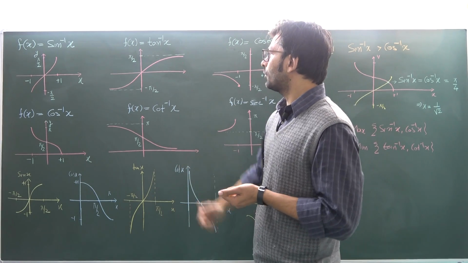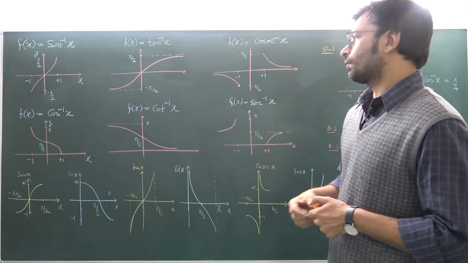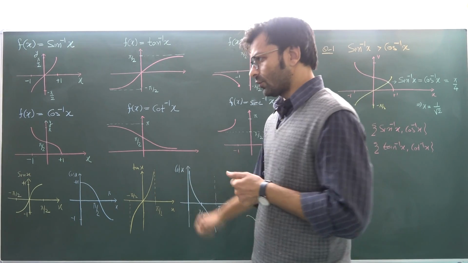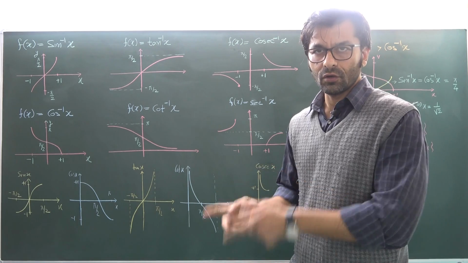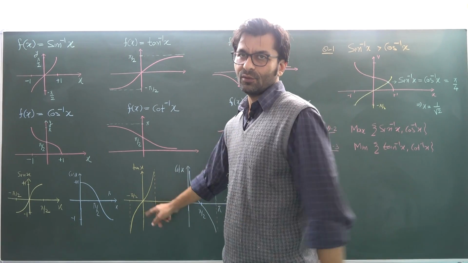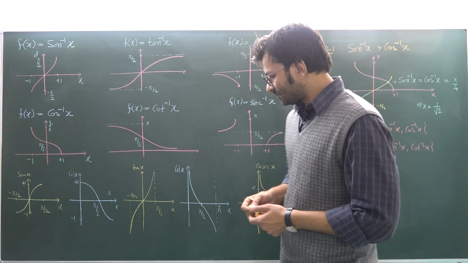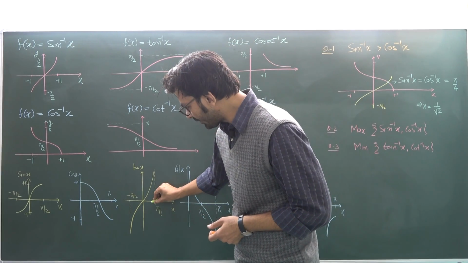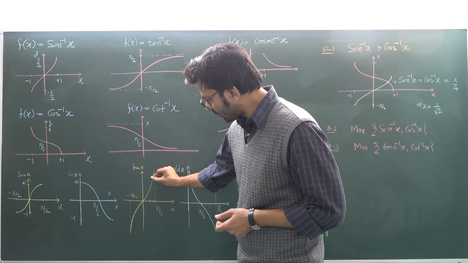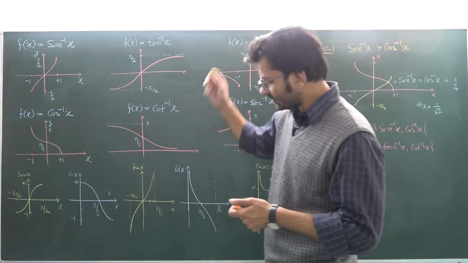Okay, let's talk about tan inverse. Why is tan inverse x like this? I have drawn tan x from -π/2 to pi/2, keeping it 1 to 1 and onto. So this curve passes through origin. Likewise, this will pass through origin. Now observe, when you are moving towards pi/2, your y coordinate is moving towards a very large value.